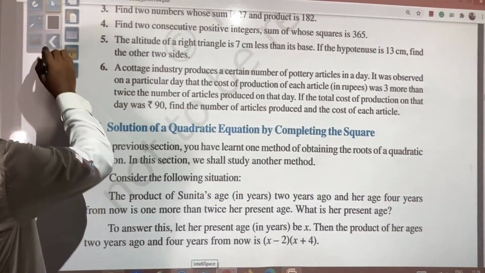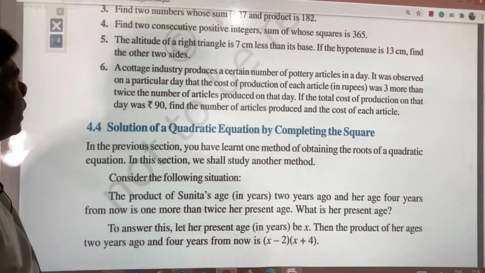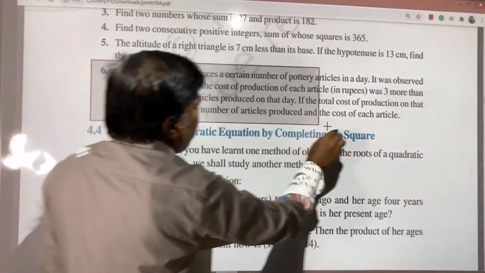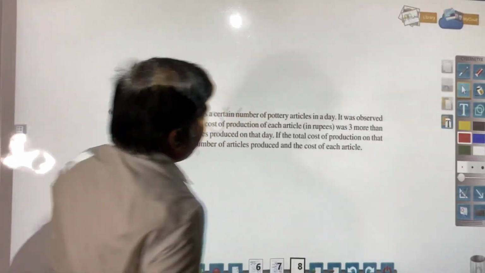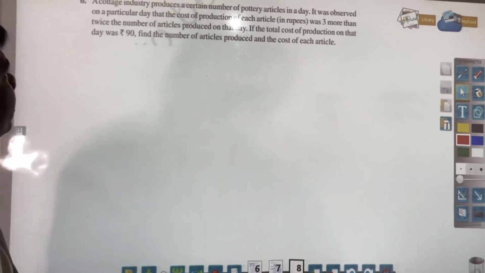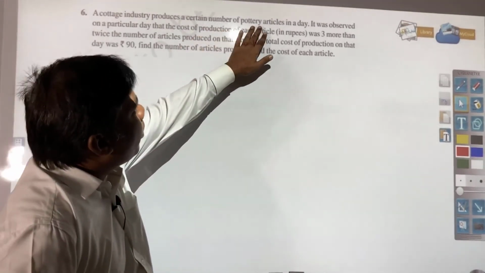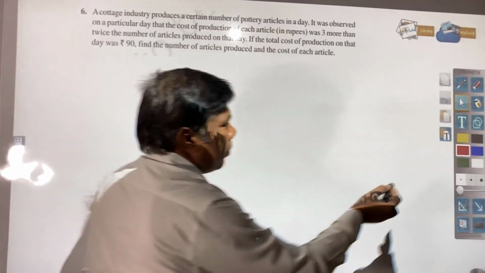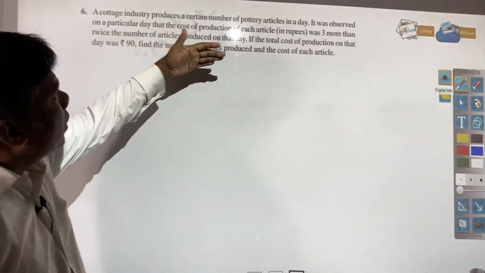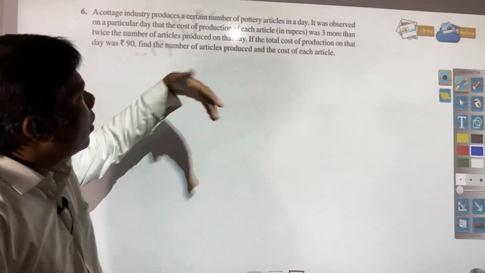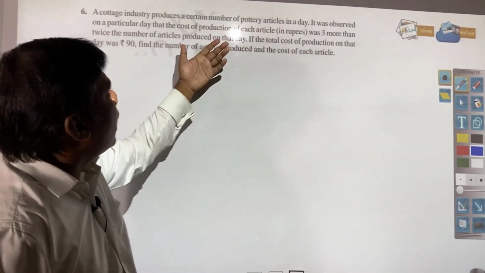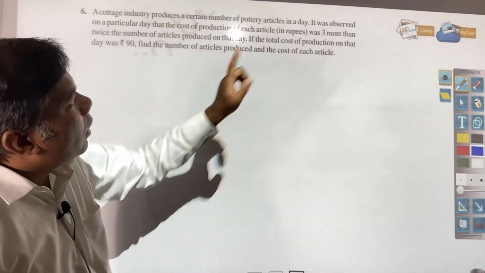Next question, and that is the last question of this exercise. Here you have a cottage industry that produces a certain number of pottery articles in a day. So suppose in the cottage industry x number of pottery articles are being produced in one day.